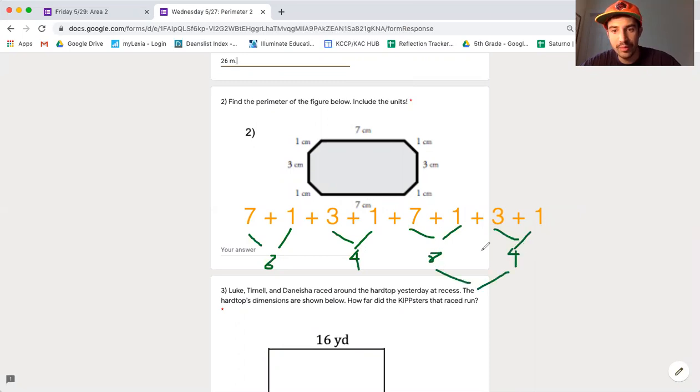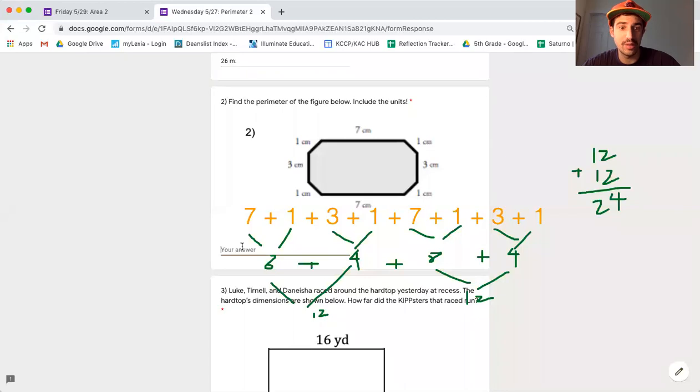I'll bring my plus signs down. 8 plus 4 is 12. 8 plus 4 is 12. And 12 plus 12, which is not that difficult when I line up my place values, is 24. The perimeter is 24 centimeters. Or you could write 24 cm.